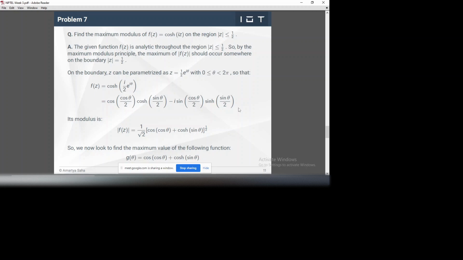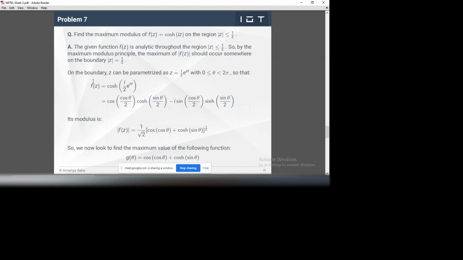This is a straightforward thing. We know that cosh z is e to the power z plus e to the power minus z, whole divided by 2. Just put that, express this in e to the power z plus e to the power minus z form, and you will see that this happens.